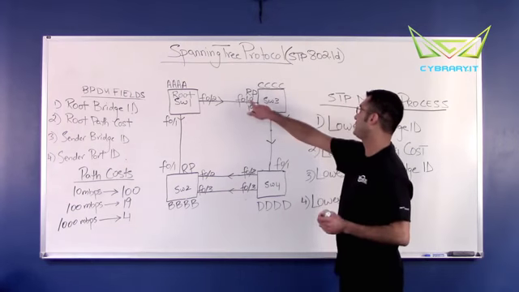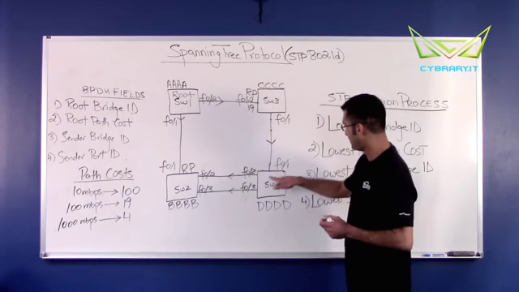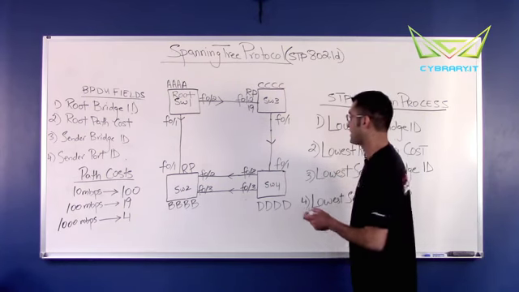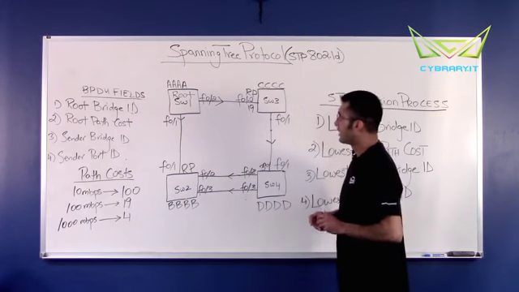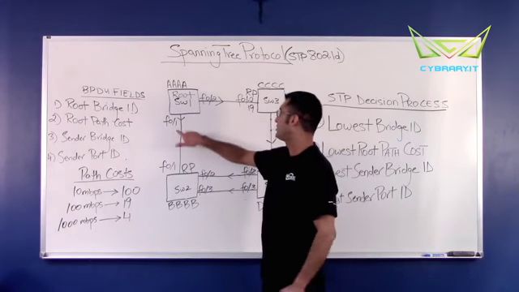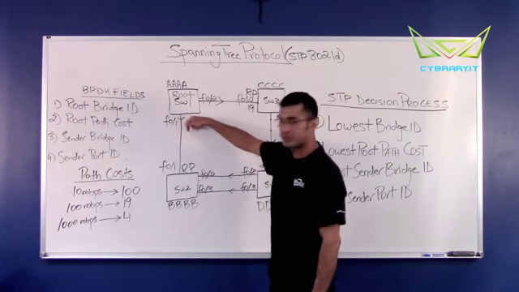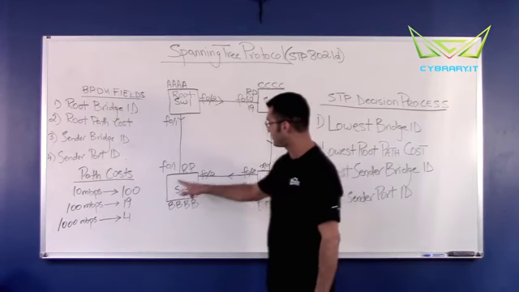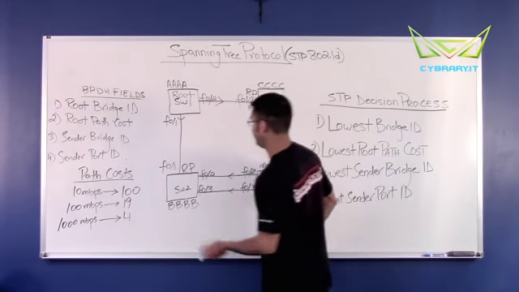And then the BPDU traverses switch 3, leaves switch 3 F0/1, and enters switch 4 F0/1, and the cost is incremented to 38. The other BPDU, the root sent out, left port F0/1 with a root path cost of 0 and enters switch 2 F0/1, and the cost is incremented to 19.